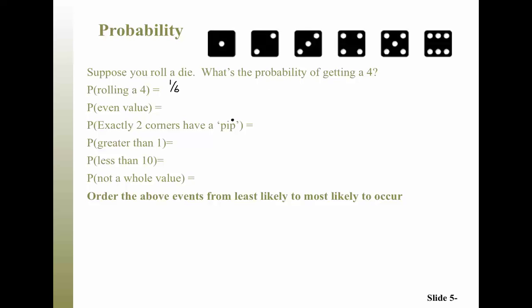So two corner pips would be the 4, and exactly 2 corners have a pip, 5. Would that be the 4 and the 5? How many corners have a pip on the 4? Exactly 2 corners have a pip. Least likely to occur.